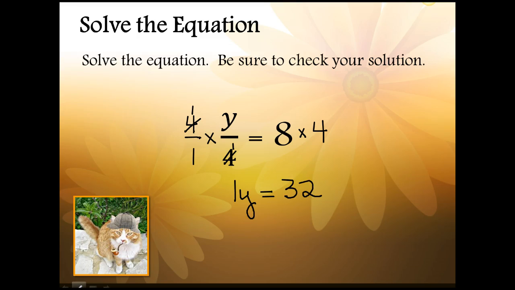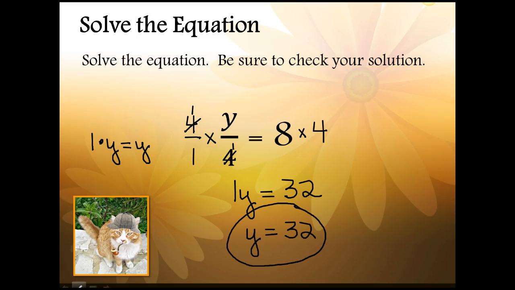Because the identity property tells us that 1 times any value equals that value, we can drop the 1 and simply write y. Y equals 32 is the solution to our equation. Of course, we always want to check our solution, so we can plug it back into the original equation and check to make sure that 32 divided by 4 does in fact equal 8.